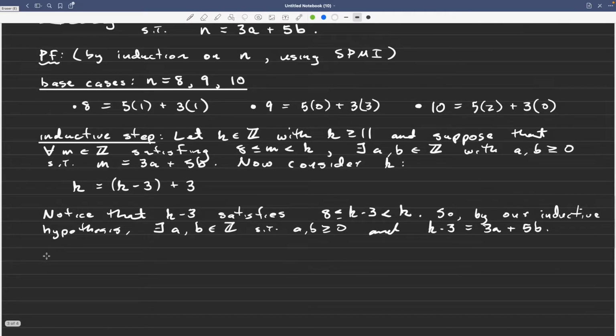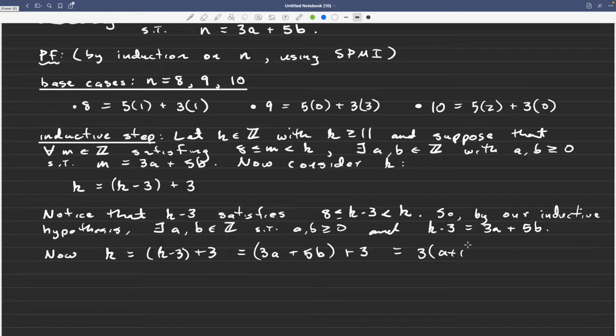Great. So now, if we go back to k is k minus 3 plus 3, by substitution we get 3 times a plus 5 times b, because that's what k minus 3 is equal to. We still have this plus 3 here. But I can write that as 3 times a plus 1 plus 5 times b.